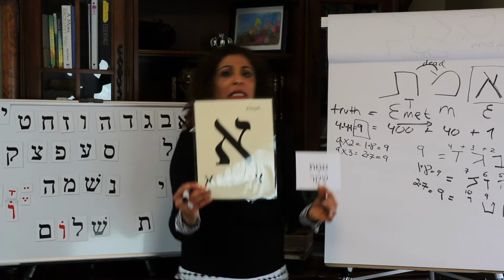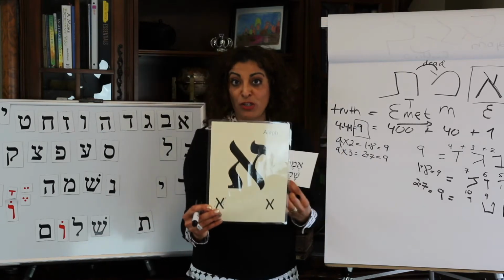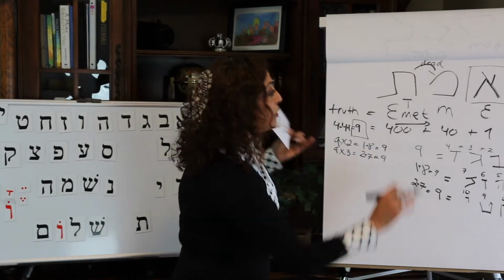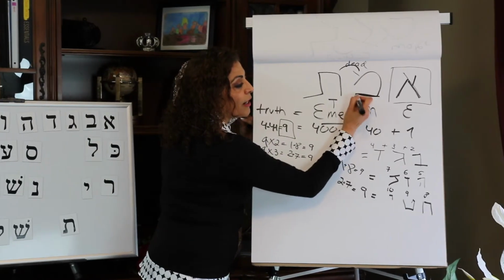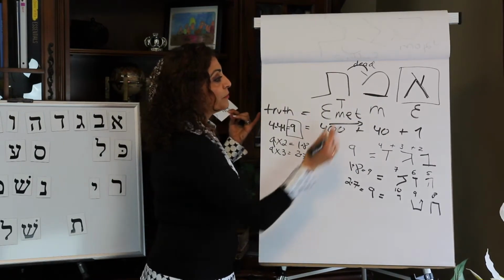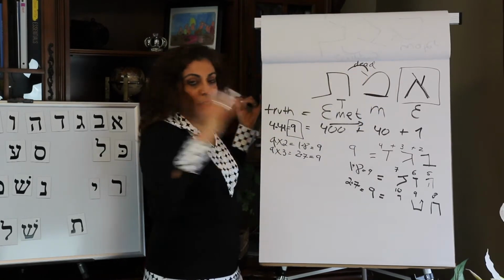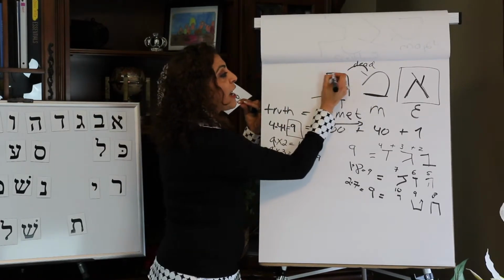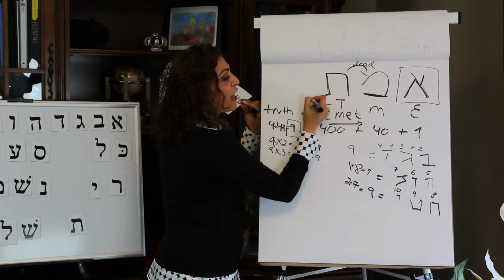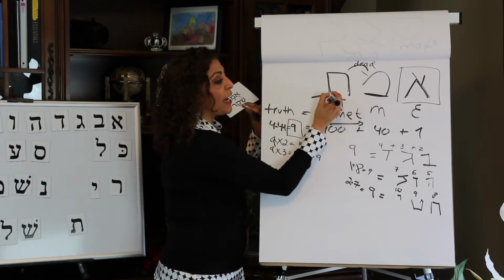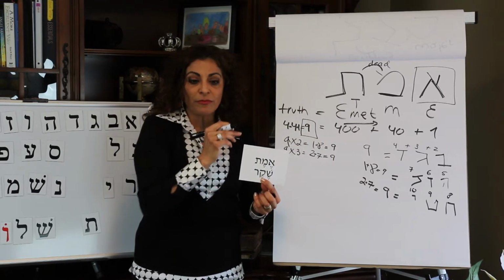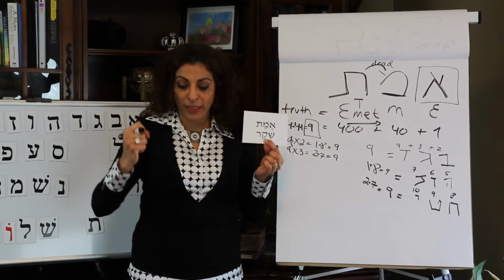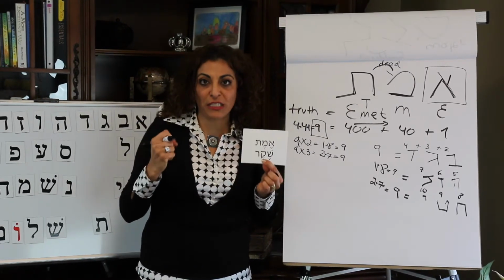It's not wobbly. It's not shaking. It's very solid. Okay? Mem has a big base here, for water, right? Solid. Doesn't go anywhere. The letter Taf, which is the last letter of the Aleph Bet, again, solid. It has both legs. It's not going anywhere. The word emet is existing. It's standing on both of its legs.